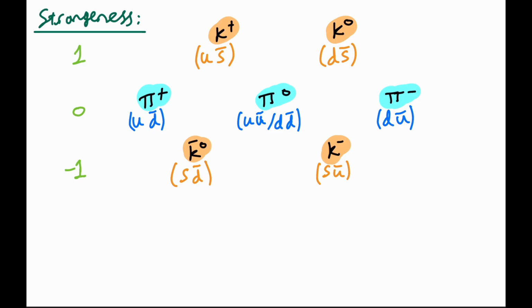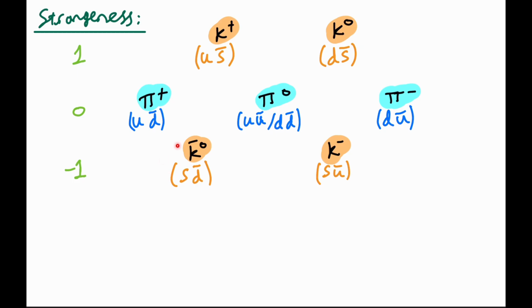And for strangeness of -1, you have a strange anti-down. So this is for the anti-K naught particle, or the meson. So one is down anti-strange, then this one's strange anti-down. And remember, because strange particles have a strangeness of -1 and anti-strange particles have a strangeness of +1, it's in this order here.